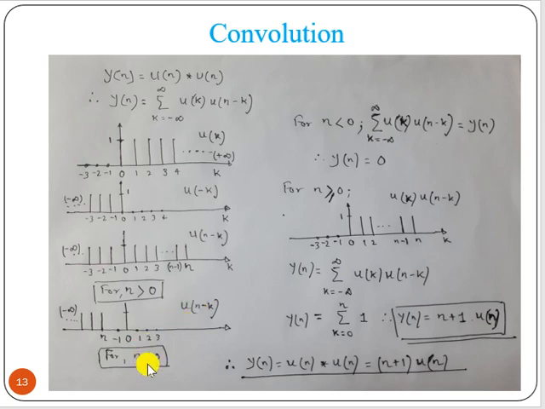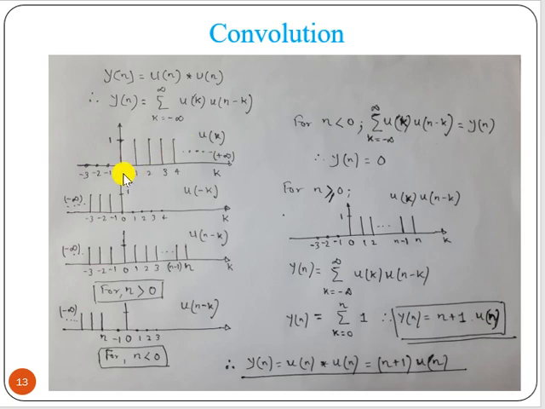Now when n is less than 0, what will happen if you sum over k equal to minus infinity to infinity of u[k] into u[n - k], that is equal to y[n]? This term multiplies with this u[k]. Here n can be at minus 1; n less than 0 cannot be 0 but can be at minus 1. Then this part is multiplied by this part, which is 0 for u[k].